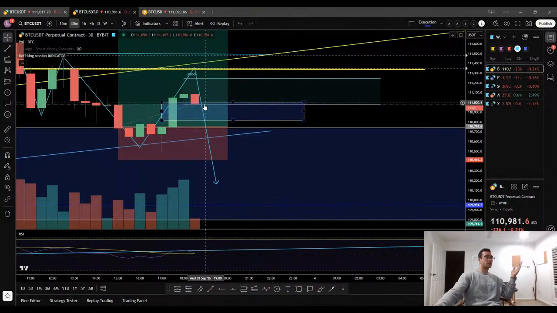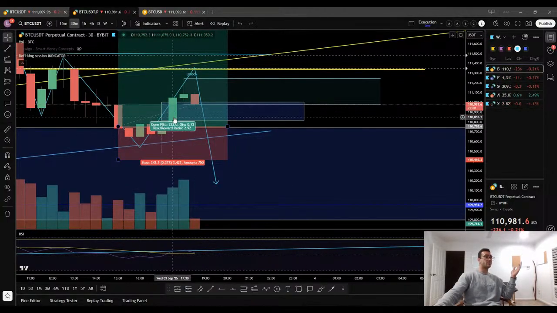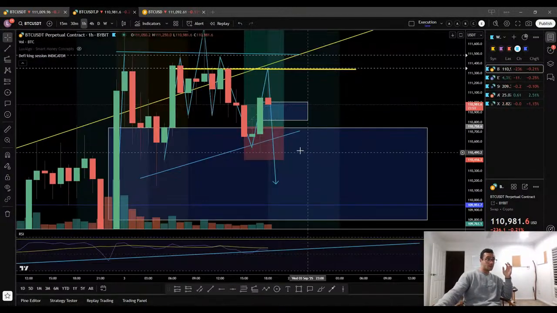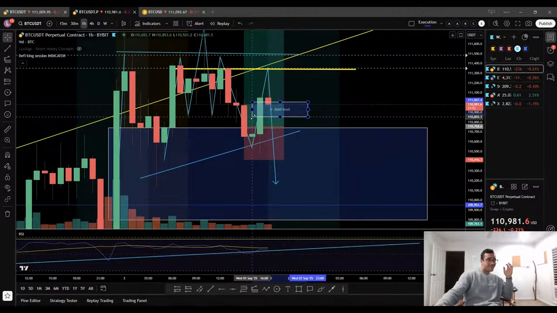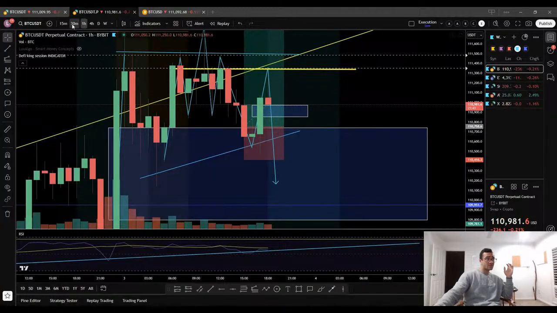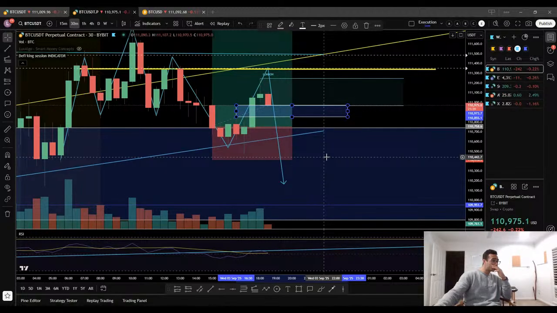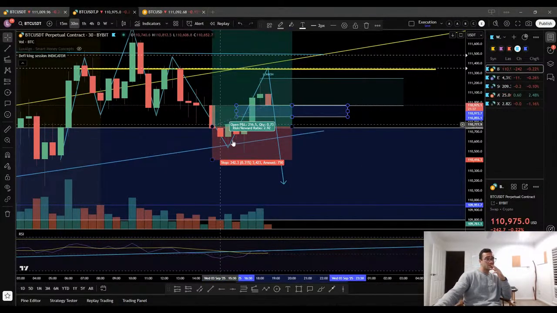This tapping is grabbing orders from this imbalance right here. Now, it's not a big imbalance. It's only on the 30-minute, purely because if I go to the hour, the imbalance is here, and technically it's still not formed yet. So even if I was going to back this one, we were to come back to here, because there was a lot of buying power in there. So we have come down.